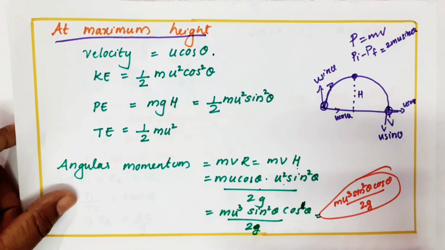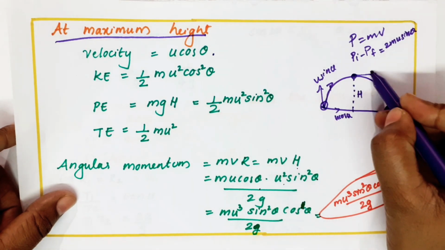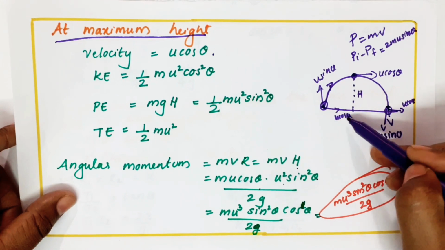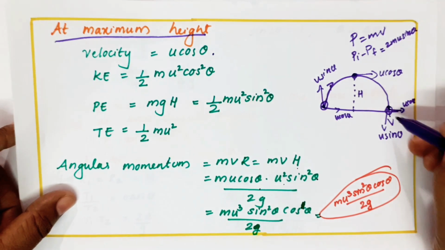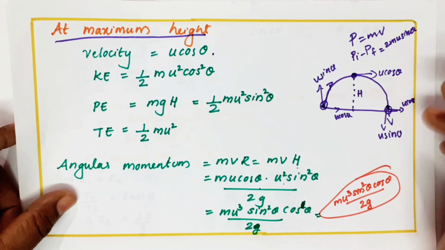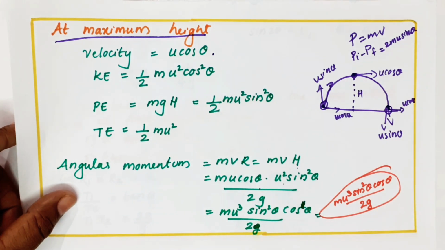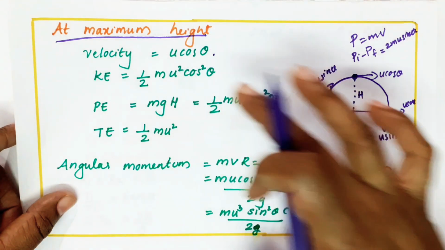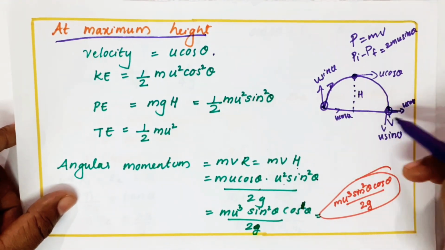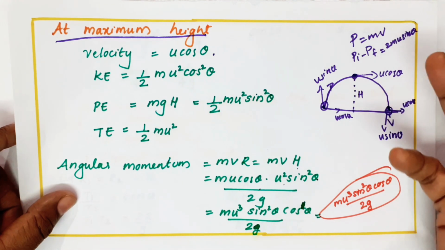So you should have an idea about the velocity at this point. The velocity at this point is u cos theta. Velocity at this point is u cos theta and u sin theta down. So this type of idea should be there. All these equations I have written for a projectile at maximum height and from both the ends. They can ask anything.